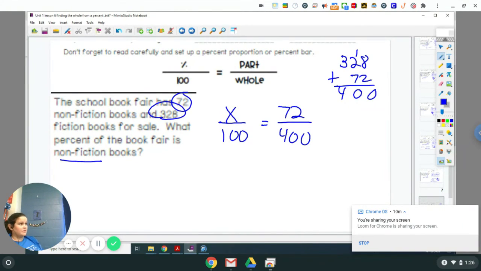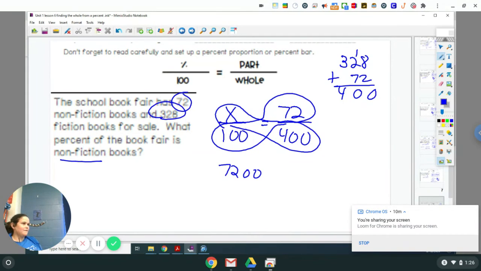Now we're going to cross multiply. Do your butterfly. So 72 times 100 is 7,200. And then X times 400 is just 400X. So then you divide both sides by 400. This crosses off.